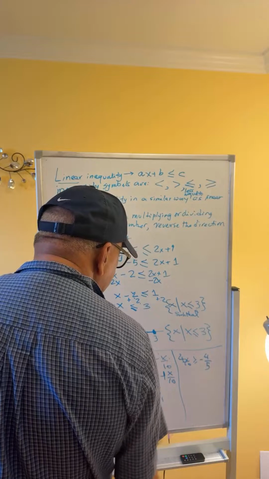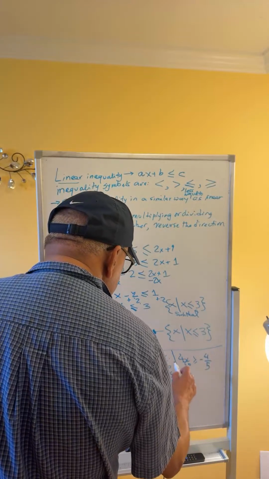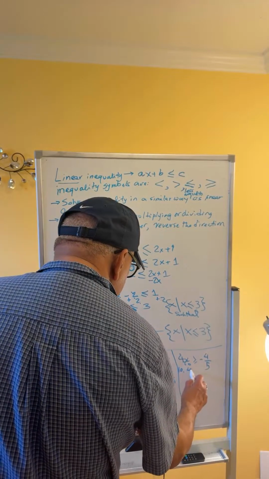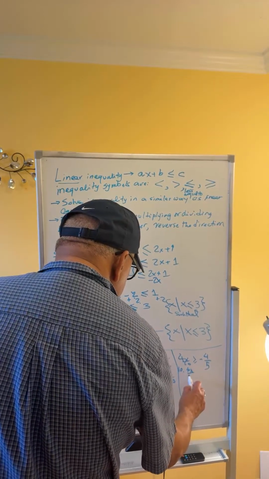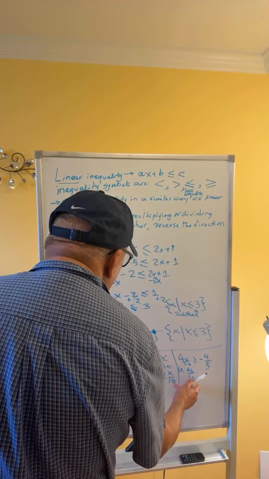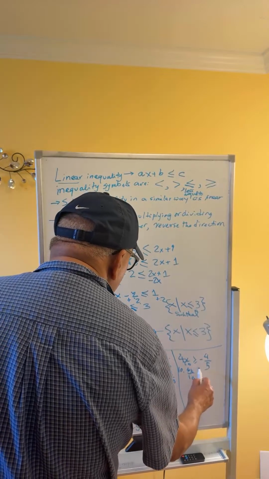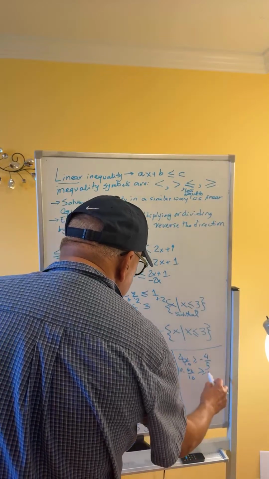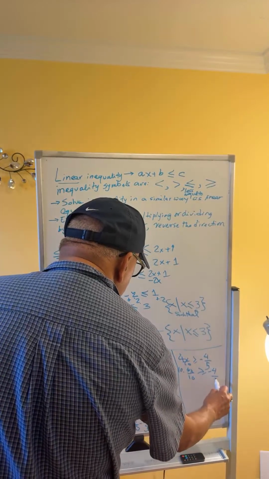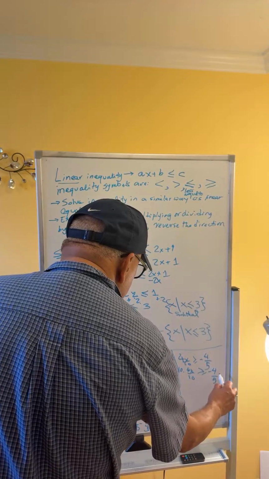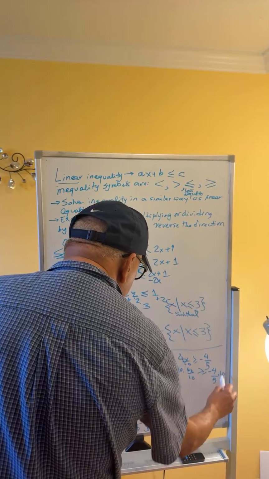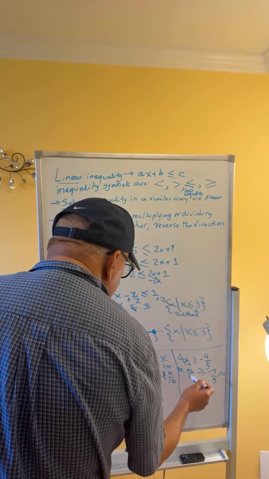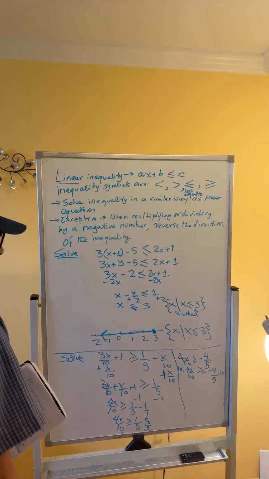I have to solve for x. So the first thing I will do is multiply by 10 on both sides. Why do I multiply by 10 on both sides? The reason is I want to remove the 10 from the denominator on the left hand side. It's divided by 10, the opposite is multiplication. Minus 4 over 5 times 10. So the reason for multiplication was of course to cancel the 10 on the left hand side.